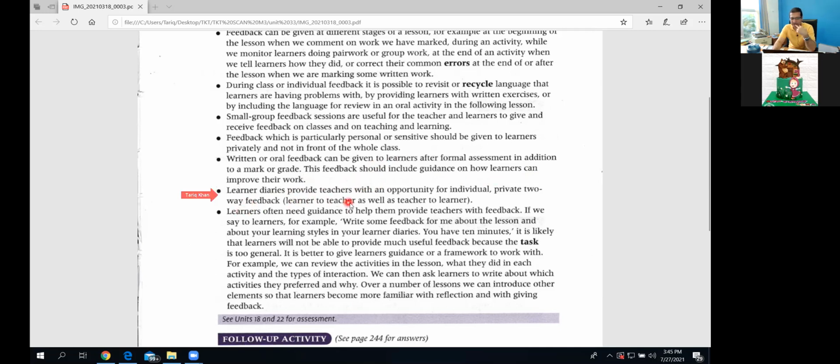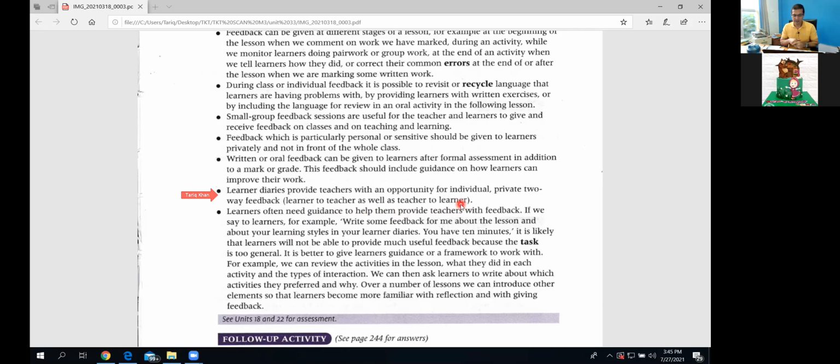Learners' diaries provide teachers an opportunity of individual, private, two-way feedback, learners to teacher as well as teacher to learner. Learners' diaries, as we discussed, learners are maintaining a diary regarding the activities, the lessons, the material, the teaching methodology and all that, and then giving back feedback on that, which is only between the teacher and the student. No one else has access to that.